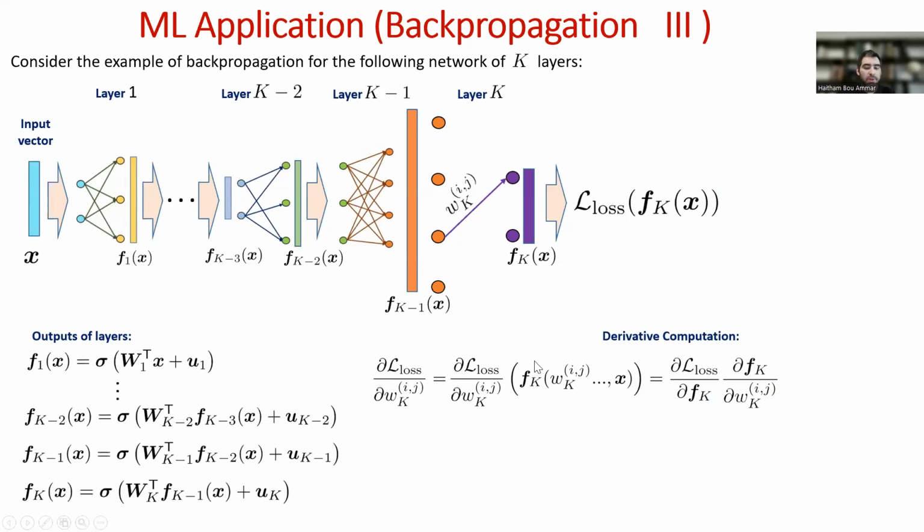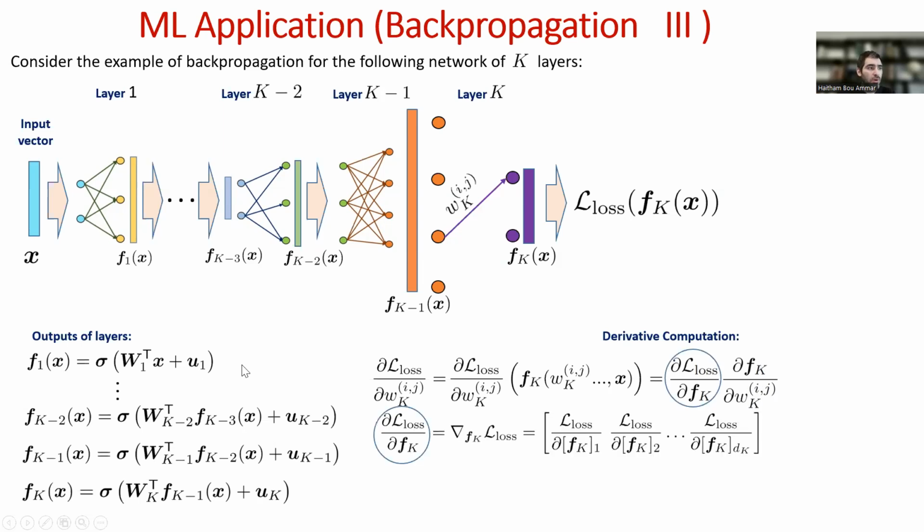Following the chain rule, we need to firstly take the gradient of the function with respect to the output fk, and then we need to take the derivative of this vector function fk with respect to the corresponding parameter.